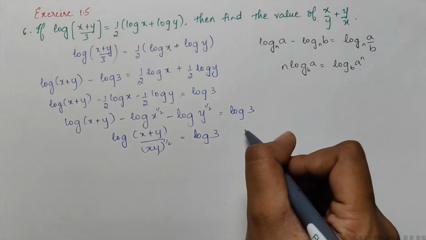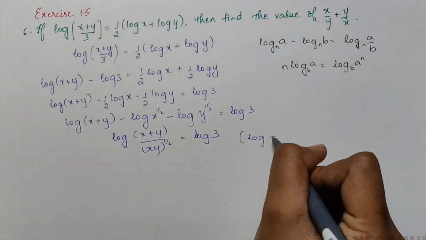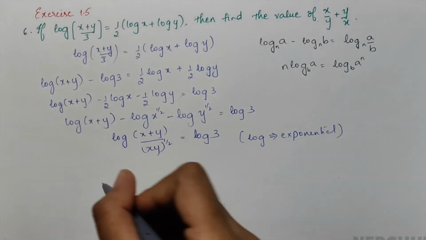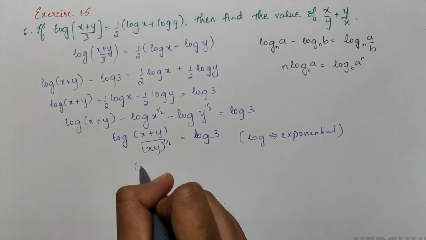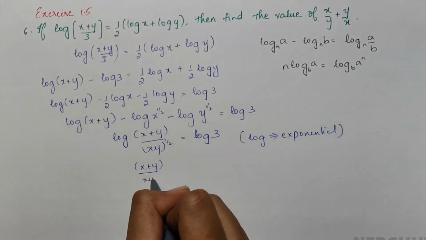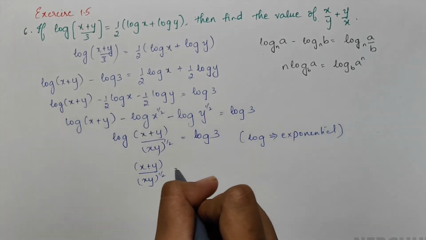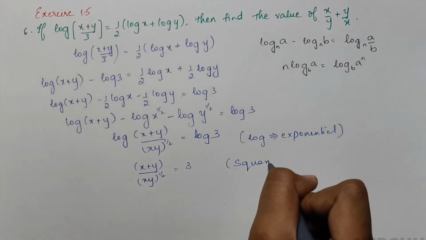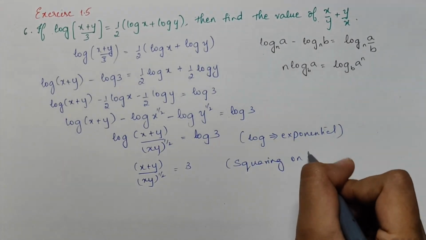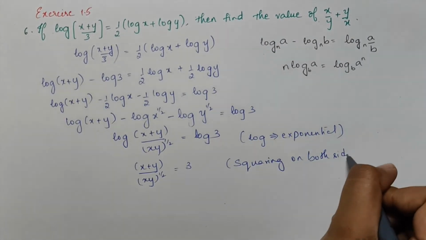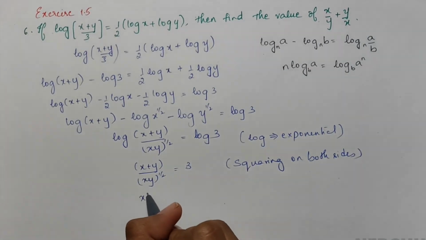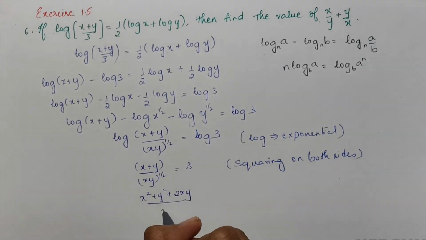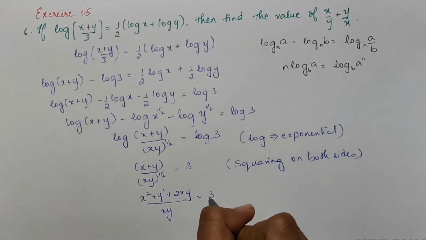Now converting logarithm to exponential form, I would have ((x plus y) by xy) whole to the power of half is equal to 3. Now squaring on both the sides, I would have x square plus y square plus 2xy, and in the denominator I would have xy, is equal to 3 square.